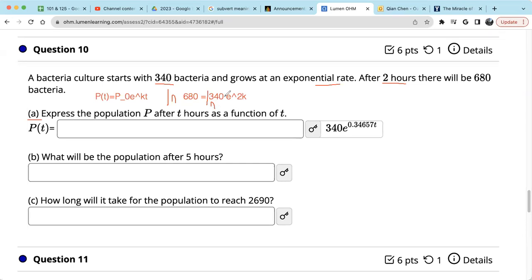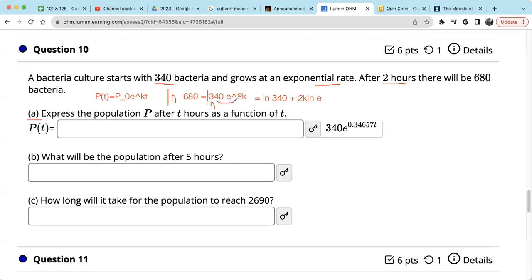And then we see this 340. This simplifies to ln 340 plus 2k times ln e. ln e equals 1, right? Remember, this is the property of log functions.